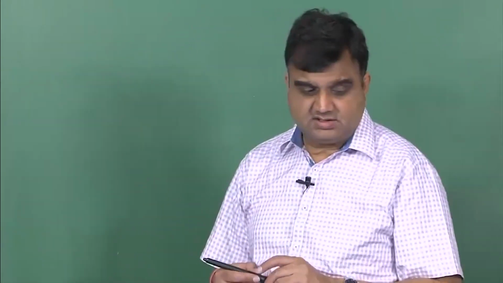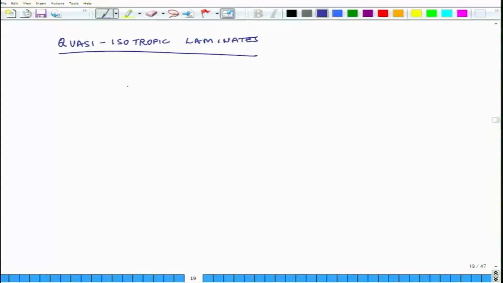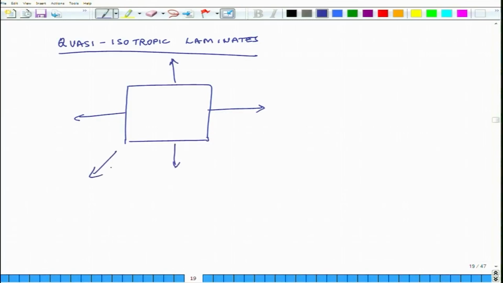What that means is that if I have a laminate and if I pull the laminate in this direction, or if I pull it in this direction, or if I pull it in this direction, or any direction for all I care about, then the behavior of the laminate should be same as that of an isotropic material.